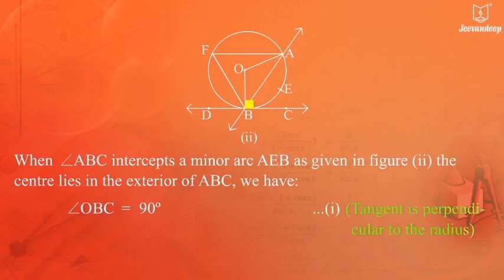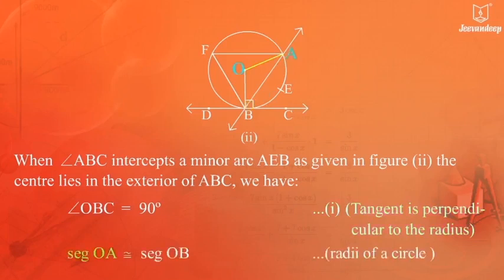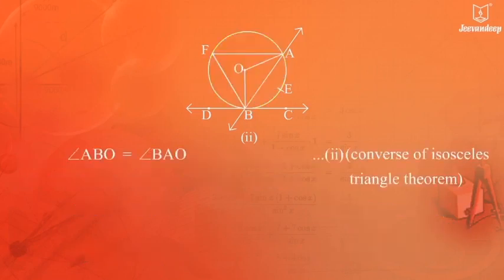As tangent is perpendicular to the radius, segment OA is congruent to segment OB, being the radii of the same circle. According to the converse of the isosceles triangle theorem, angle ABO equals angle BAO. Equation 2.